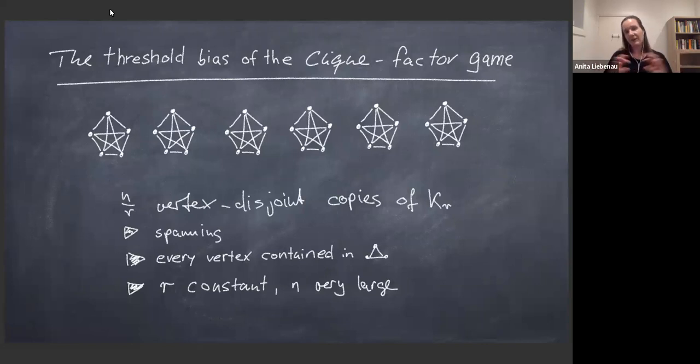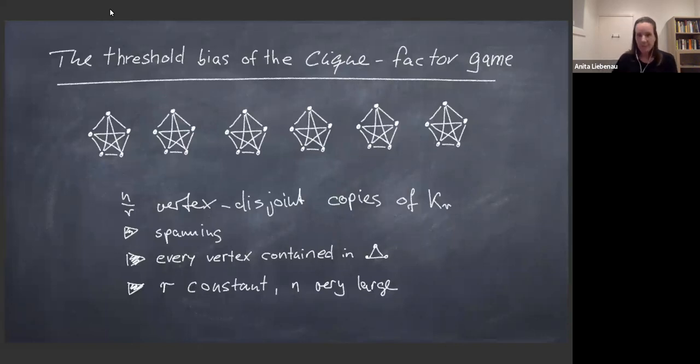They span the whole vertex set. The thing I want you to keep in mind for the rest of this talk is that they're spanning, that every vertex is contained in a triangle, but also that r here is really a constant and n is typically very large. So that's the setup for the talk.